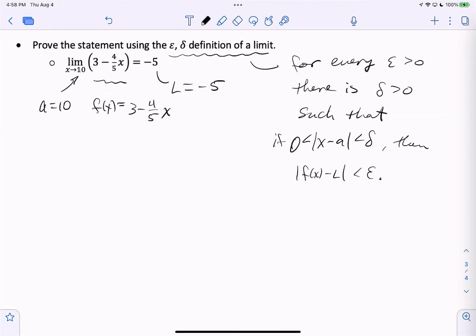So, I mean, we have like an if, right? There are other words here, but what we're really after is for every epsilon I can find a delta, and we have these inequalities.